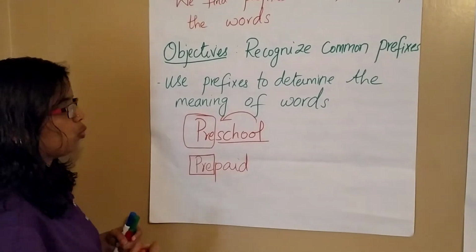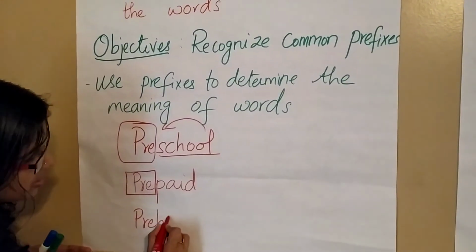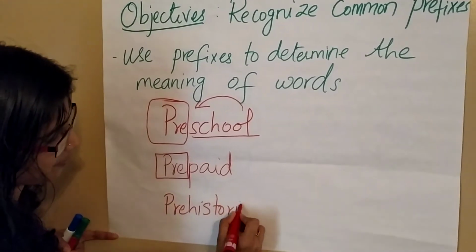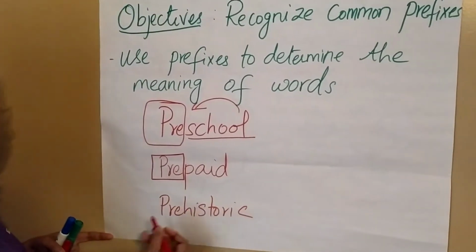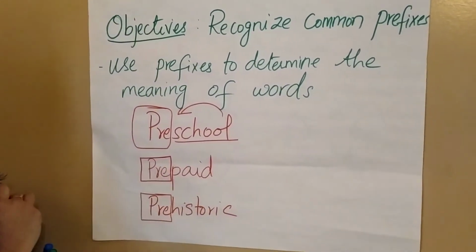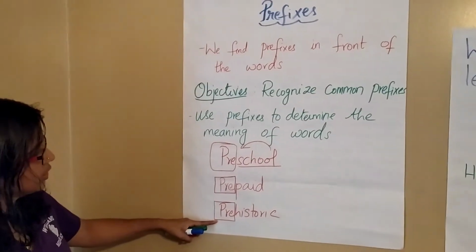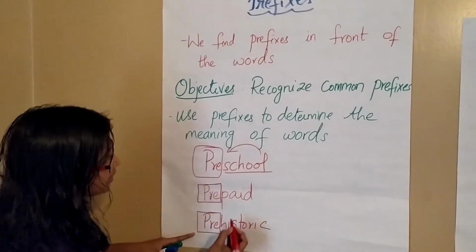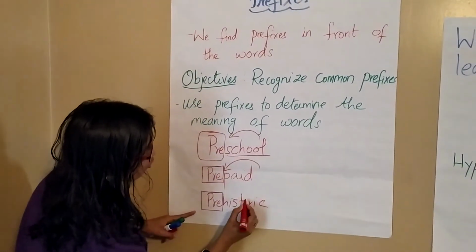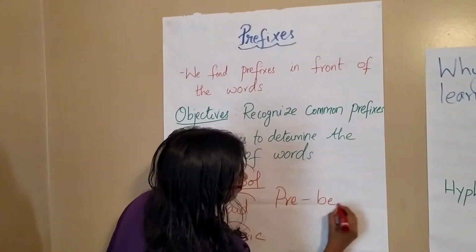Now one more example: prehistoric. Something which was before historic, that is prehistoric. So all these three words tell us that pre means something which has happened before. So the word pre means before.